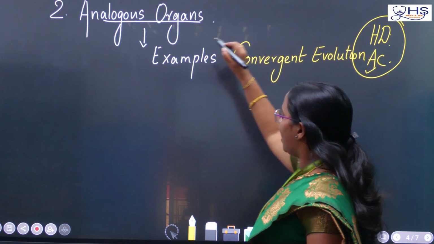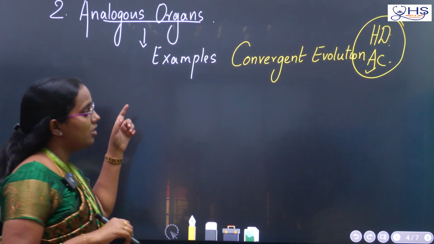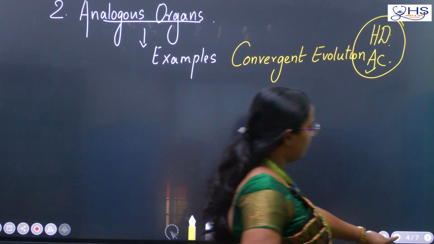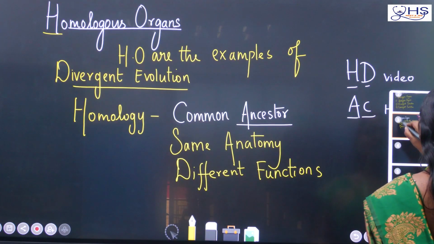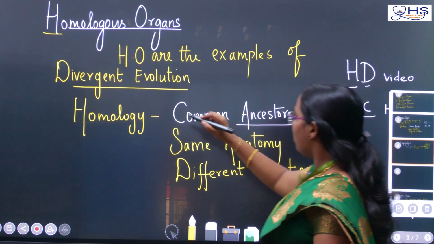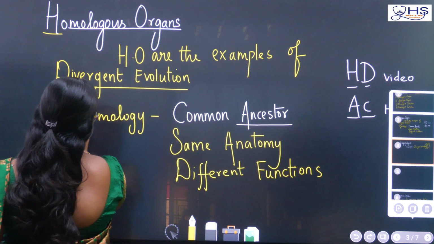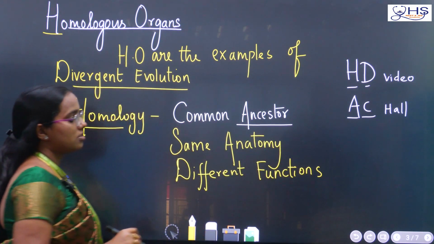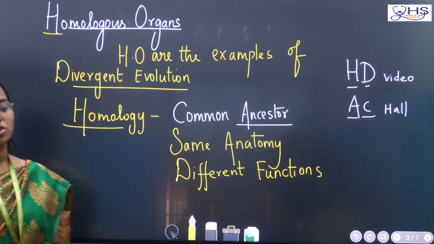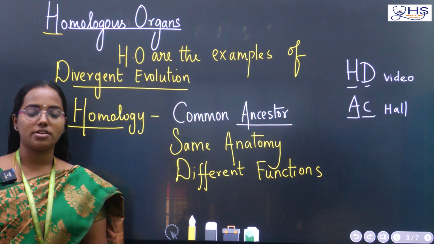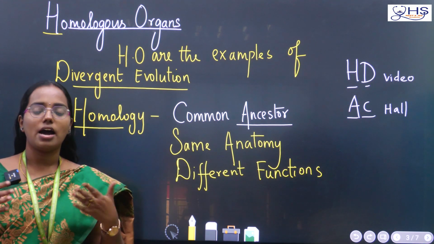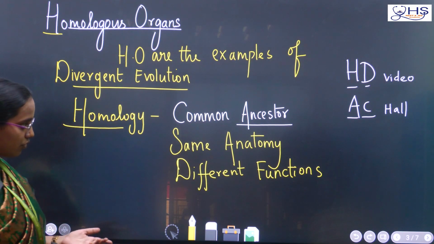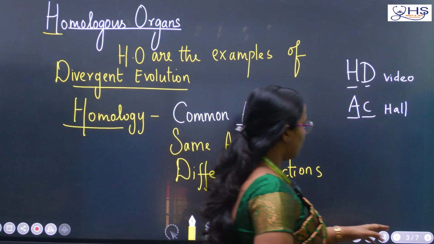Now, whatever we have learned for homologous organs, it's quite the opposite in the case of analogous organs. What have we learned for homologous organs? Homologous organs are organs which have a common ancestor. We know what an ancestor is. Your immediate ancestor is your parents. Your father or mother is the ancestor, and your grandfather and grandmother are also your ancestors.